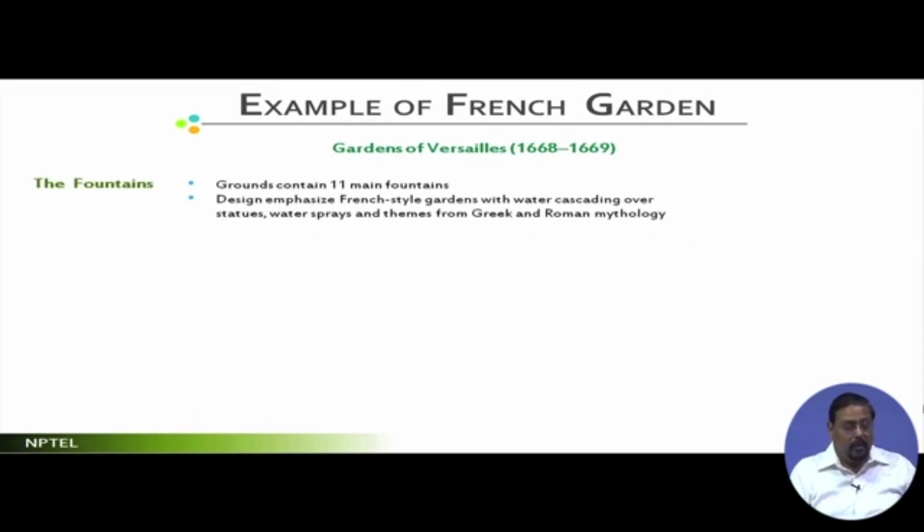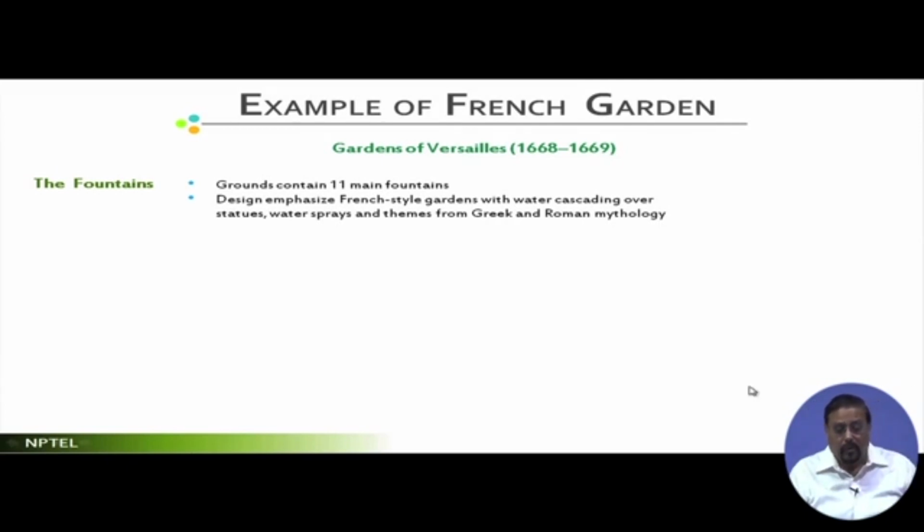Now, let me highlight a little more on fountains. I would suggest, see, I will be narrating this, but also keeping it for a while so that you can also see it yourself. The entire Versailles had about 11 main fountains, and those fountains were placed at different places in certain sequences that gained its identity.